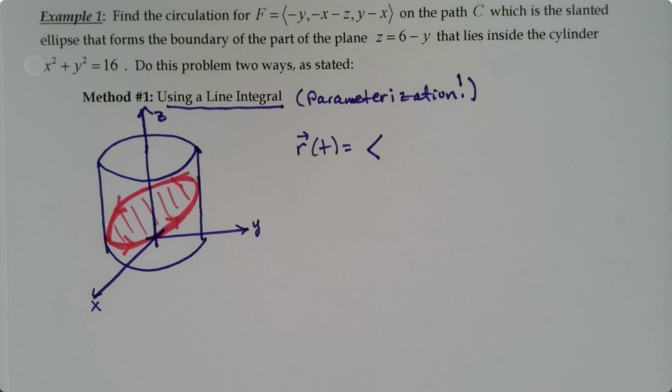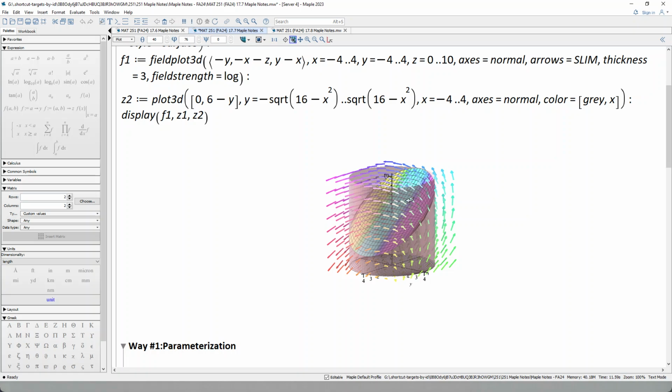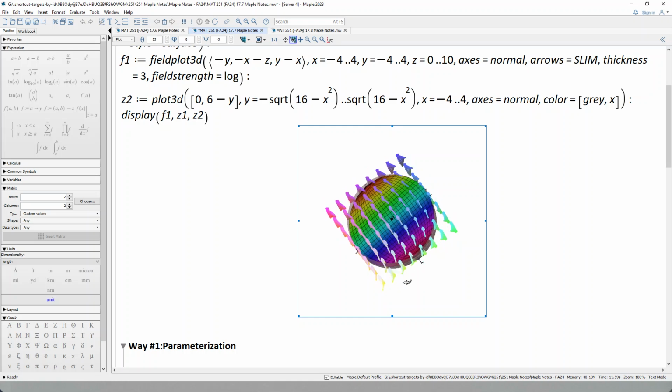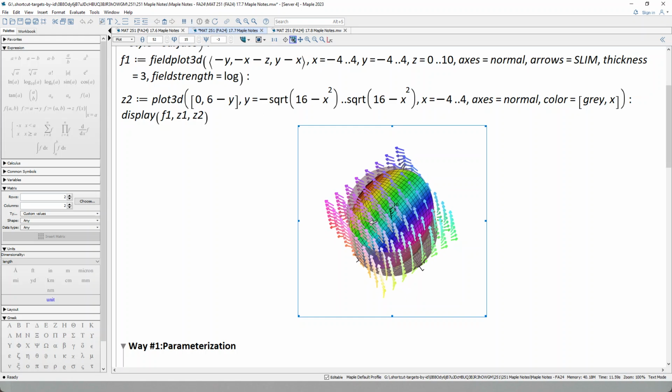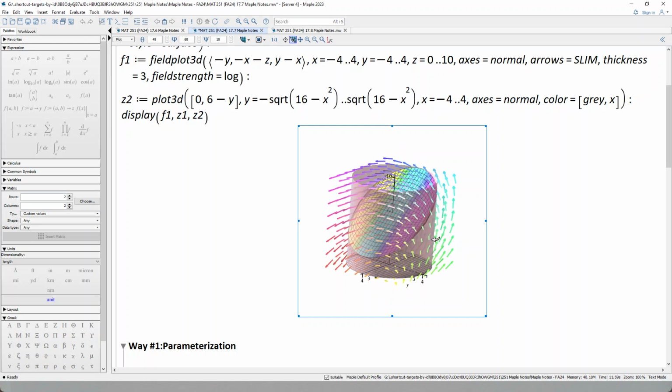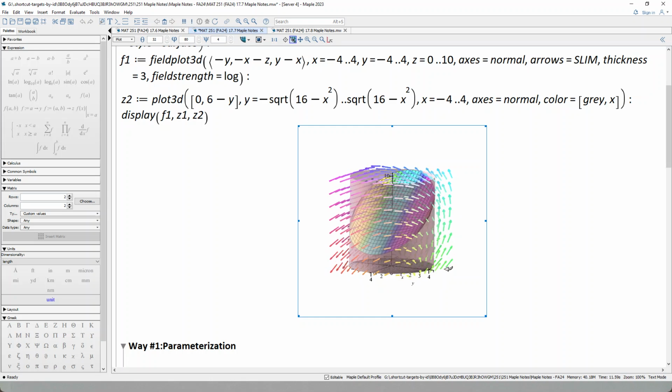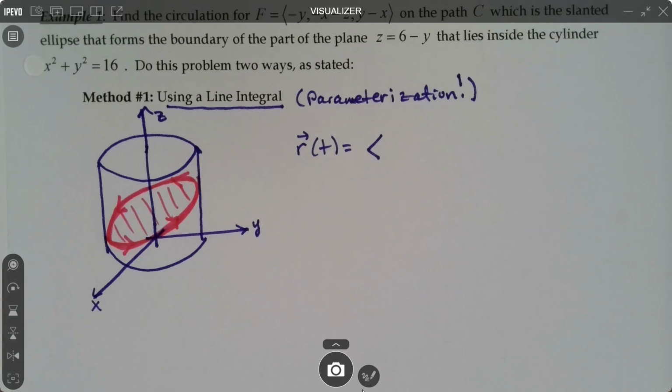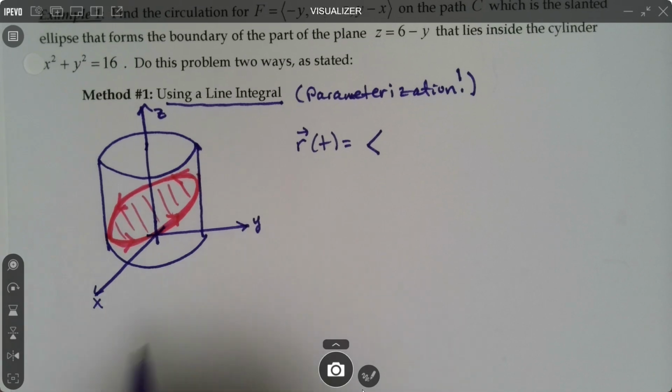Okay, so remember that this ellipse is packed inside this cylinder, right? So the x and the y, if you look straight down, are pretty easy to figure out, right? Because they got to be inside that cylinder, and the cylinder is radius 4. Okay, so that means that the x and the y are going to be dictated by that. What gives it the elliptical shape is actually the fact that it's tilted.